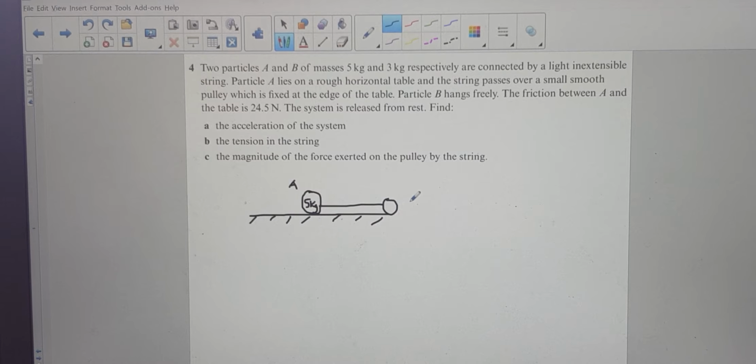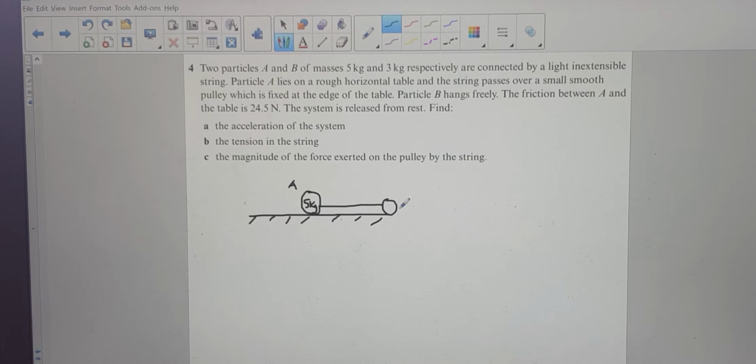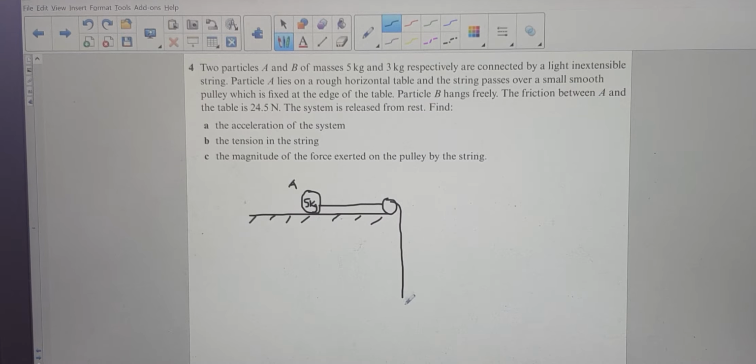Okay, then this is my pulley. And particle B is going to come over this pulley. It's hanging freely. Particle B hangs freely. And that had a mass of 3 kilograms. Now, the bit of additional information that they hadn't told us before is that particle A lies on a rough horizontal table.